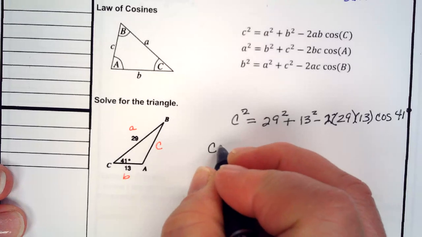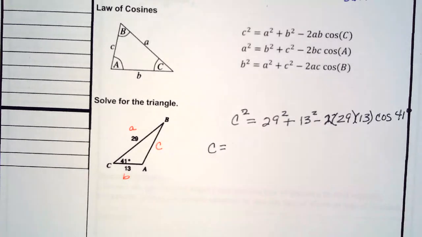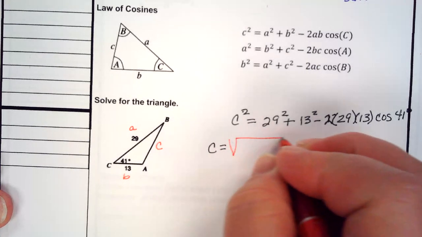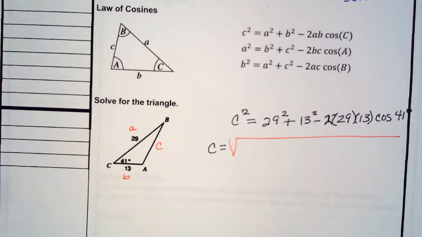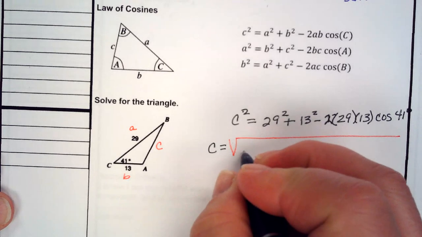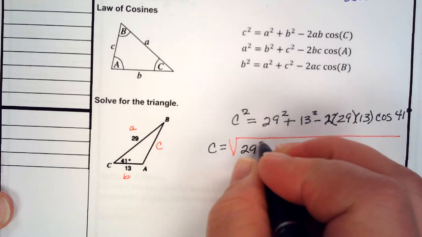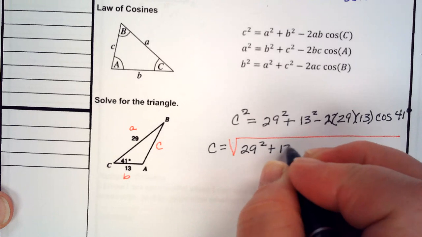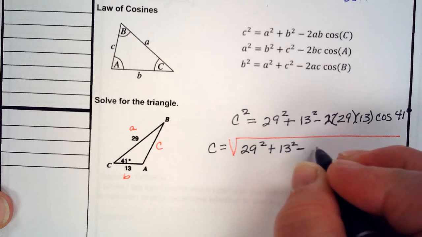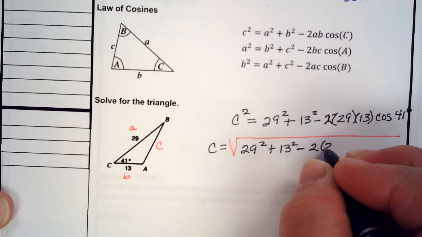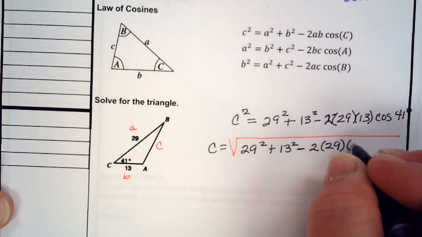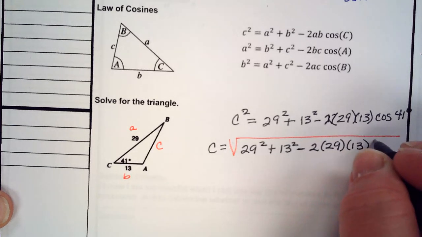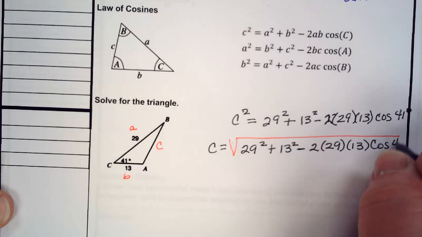So C will be equal to, and I'm going to do this all in one step, the square root of 29 squared plus 13 squared minus 2 times 29 times 13 times cosine of 41.